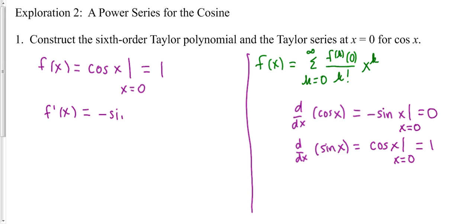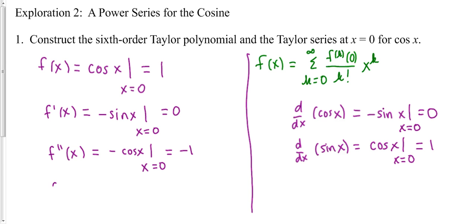Well, negative sine x, and we're going to evaluate that at x equals 0 and get 0. We've got f double prime of x, which is then going to be equal to negative cosine x. And when we evaluate that at 0, we're going to get negative 1. So on top of the odd k terms disappearing, we're also going to have an alternating sign here.